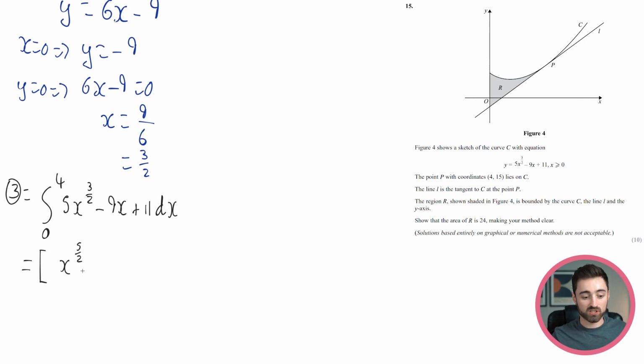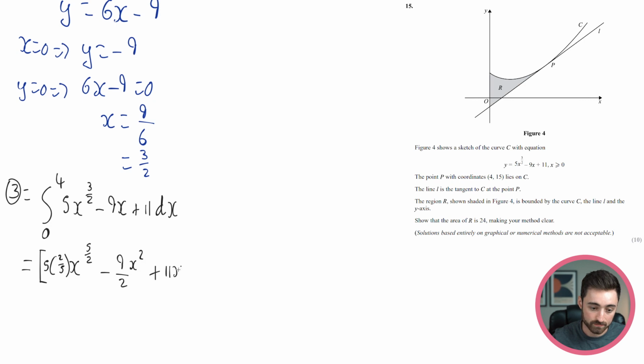Divide by the new power, so multiply by 2 over 5. Obviously divide by 5 over 2, same as multiplying by 2 over 5. So 5 times 2 over 5, x to the 5 over 2, and then minus 9x squared all over 2, plus 11x. Okay. Limits go on the right.